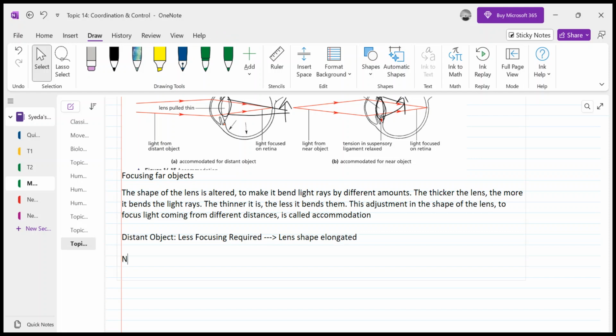And for the near object, we require more focusing of light. So it means that a more bulging or curved shape of the lens is required.